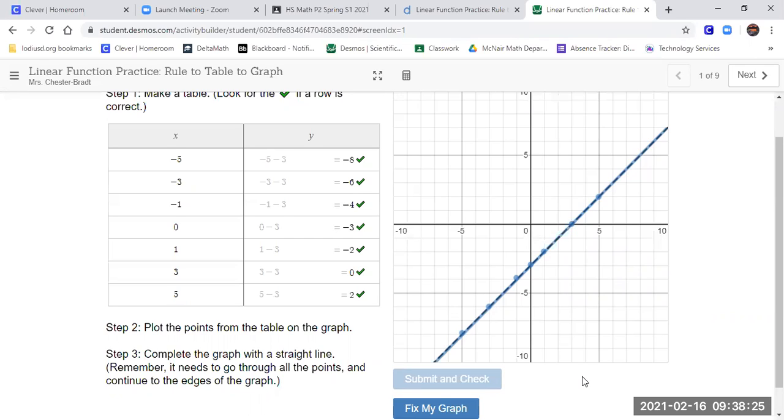Then you're going to go ahead and click on Fix My Graph and fix the parts that aren't quite right. If you hit Submit and Check and you're good, we're good. I'm waiting on a couple people to do that and see if they're good.